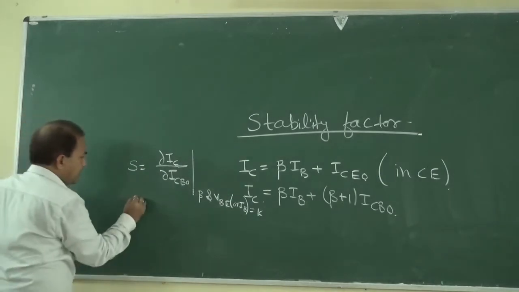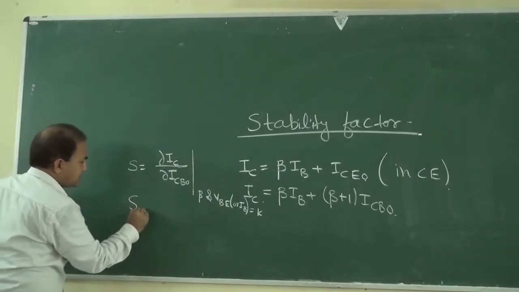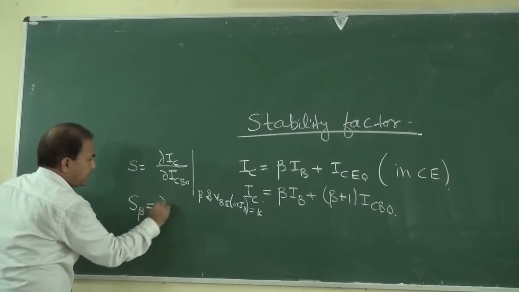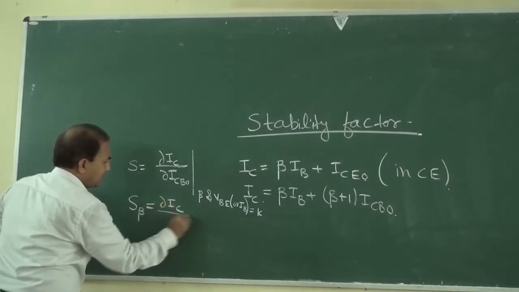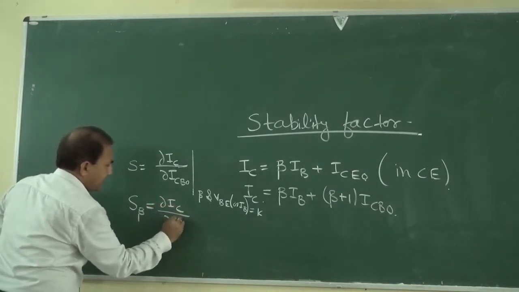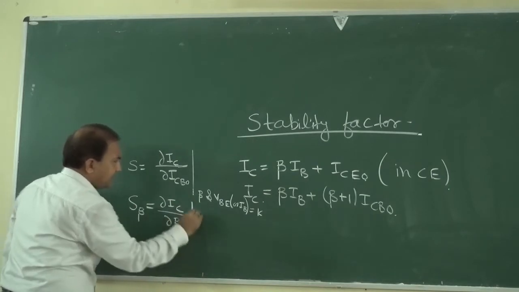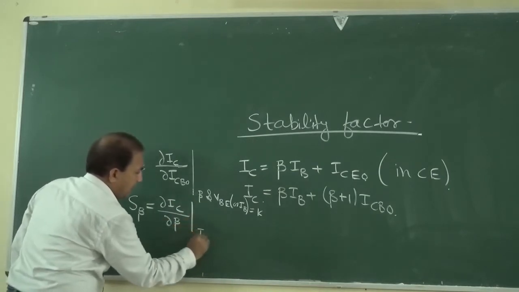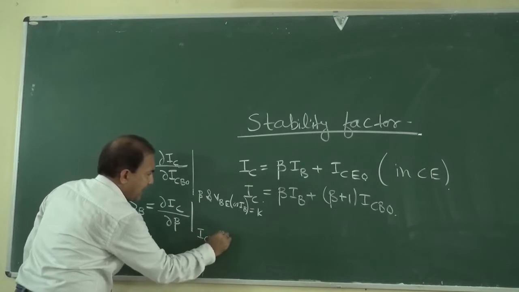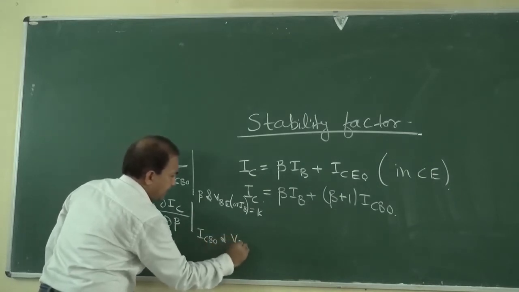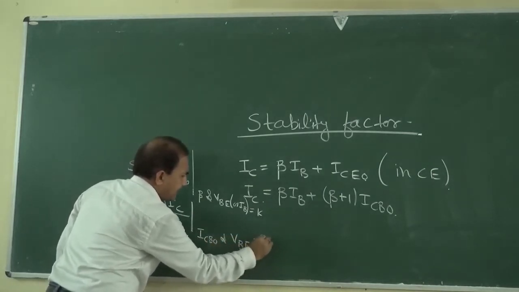Now the stability factor in terms of beta is equal to del IC divided by del beta when ICBO and VBE are constant.